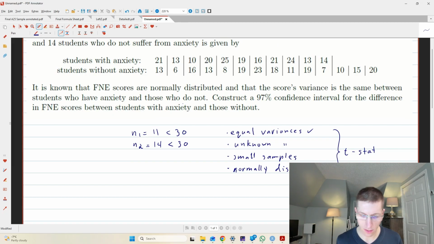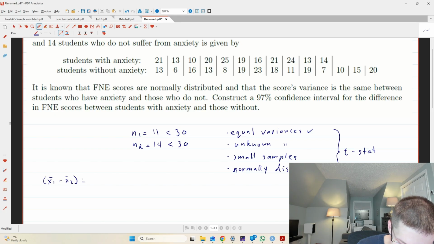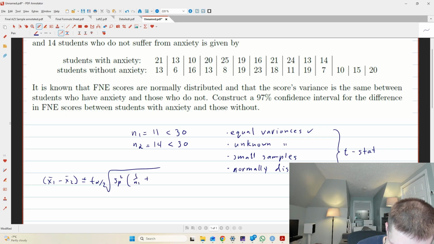So let me write that down. The confidence interval is plus or minus T alpha over 2 times the square root of SP squared times 1 over N1 plus 1 over N2.